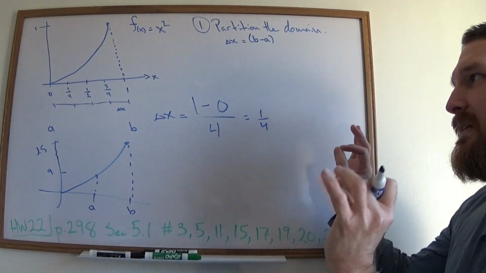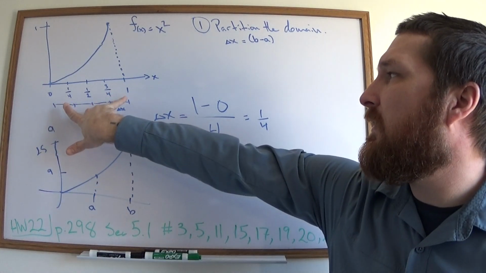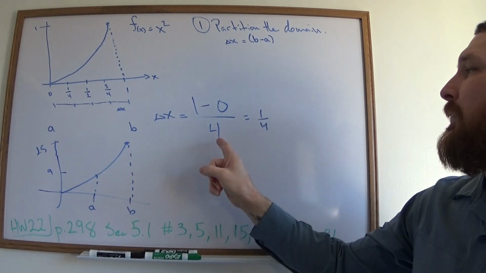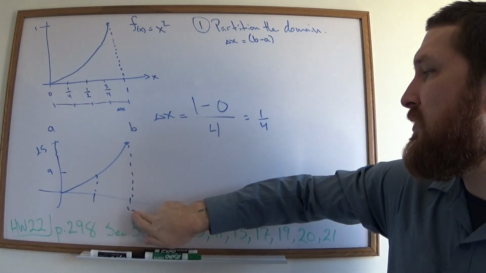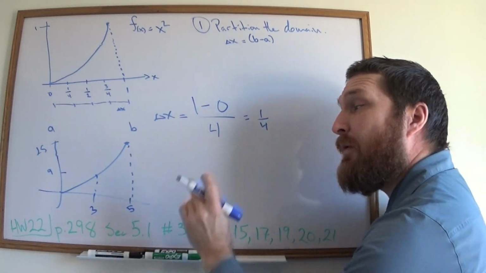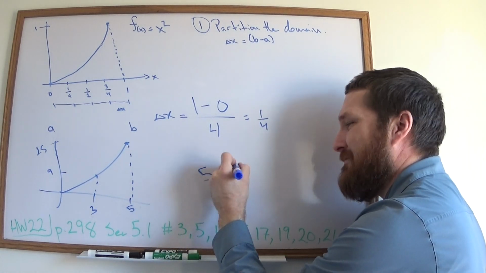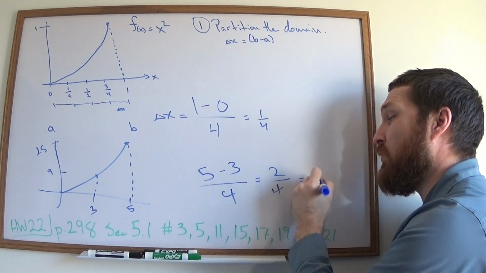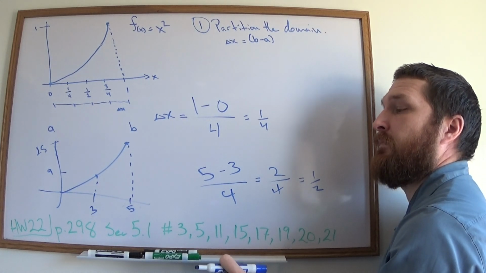Don't get caught up, because when we first do these, and the book does it too, it starts off here, and so you think your delta x is 1 divided by whatever that number is. Not necessarily. If we were doing it from 3 to 5 and divided that into 4 pieces, it would be 5 minus 3 over 4, which is 2 over 4. It would be 1/2, our step size, or our delta x.